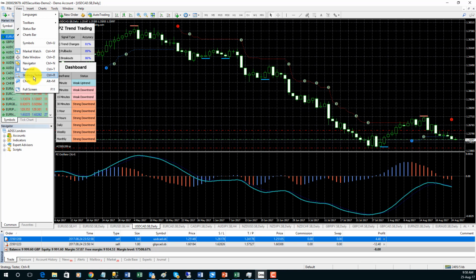It's quite a sophisticated bit of software actually, and quite complex in what it does and how it works, but essentially it's a way of back testing your robot to show you how it performs over time.